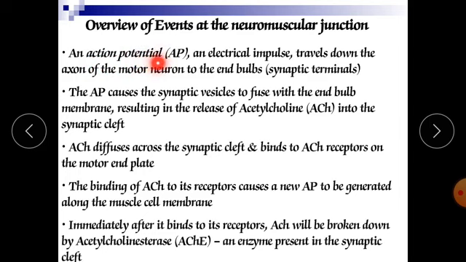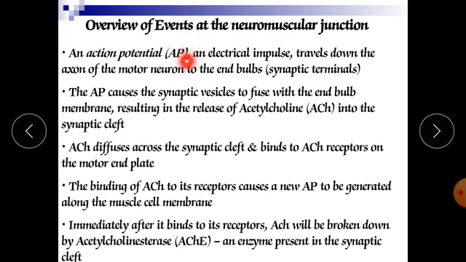The action potential occurs in our neuron when a typical voltage is there, and due to that voltage there is opening and closing of voltage gated channels. These channels are responsible for the entry and release of various electrolytes.